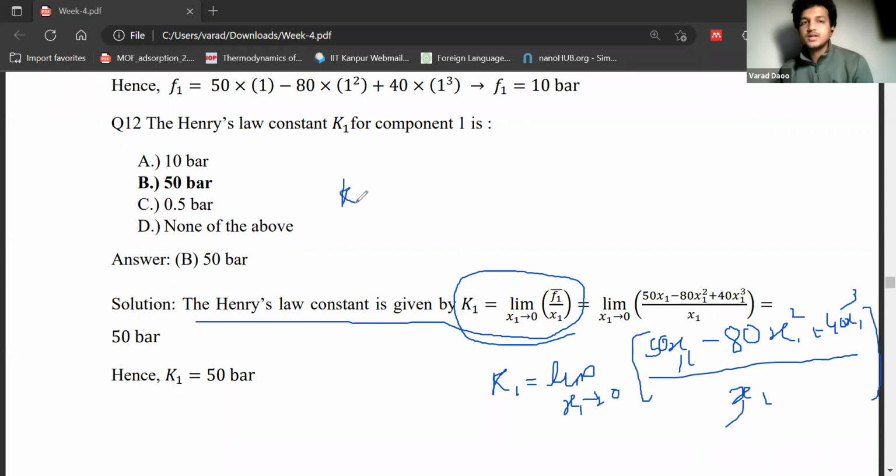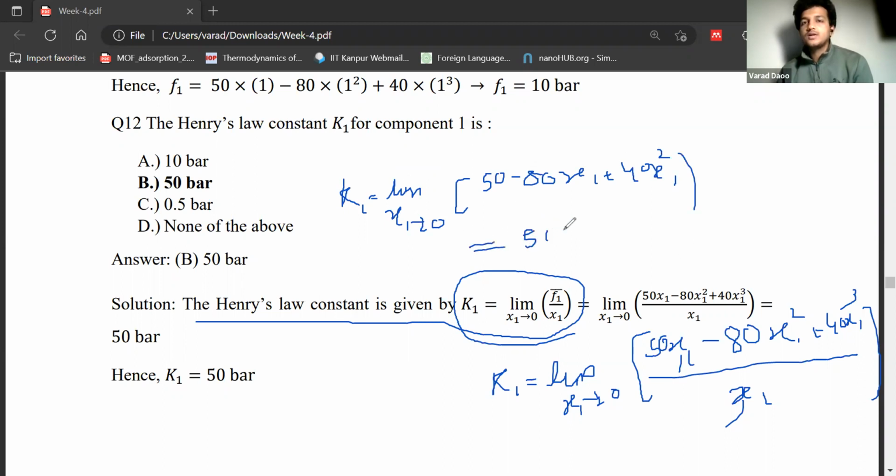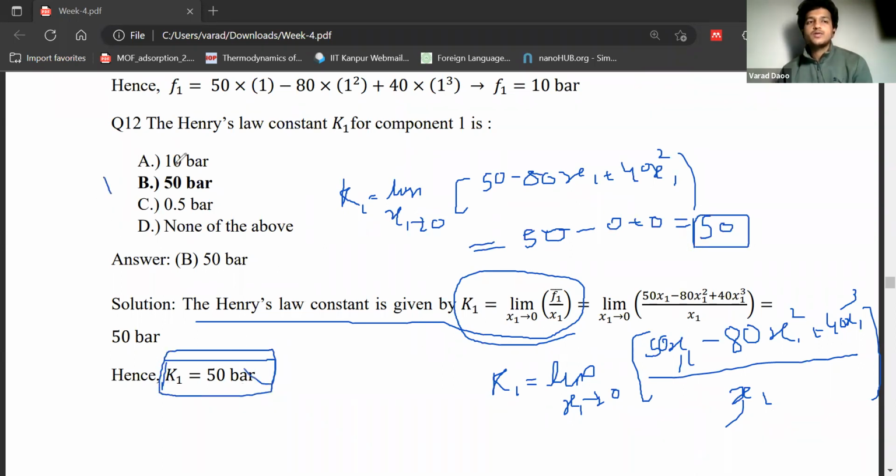So k1 is equal to the limit x1 tending to 0 of 50 minus 80x1 plus 40x1 square. You put x1 equal to 0, you get 50 minus 0 plus 0, which is nothing but 50. So we get k1 equal to 50 bar, option B.